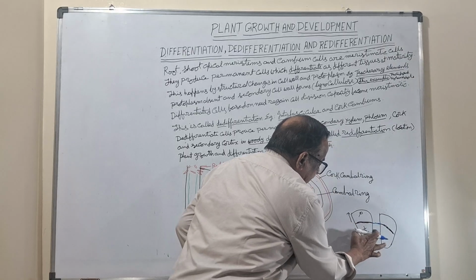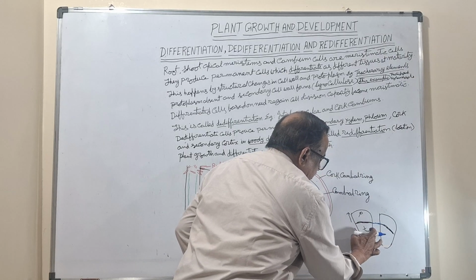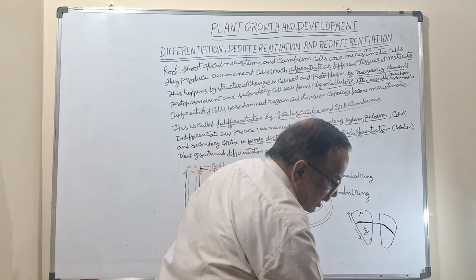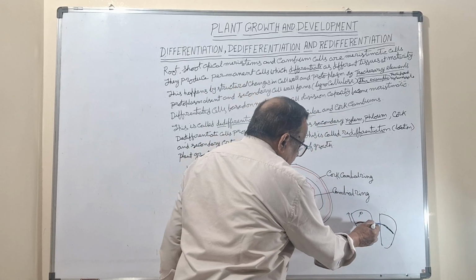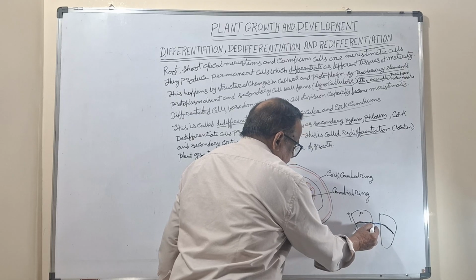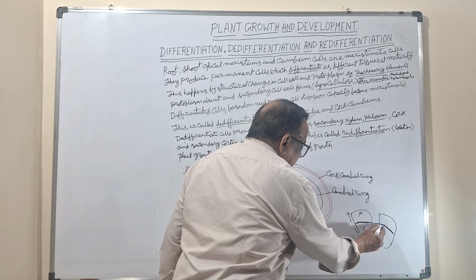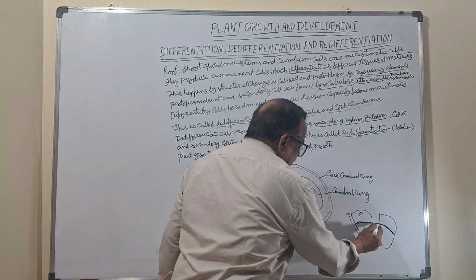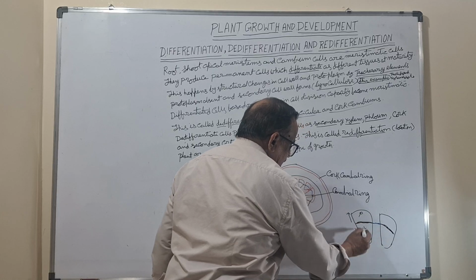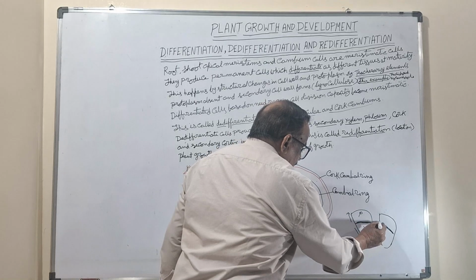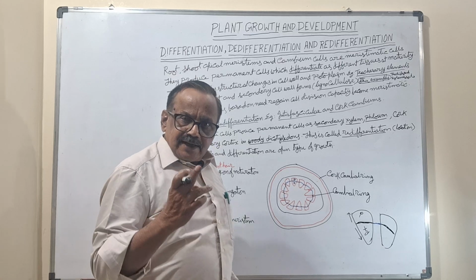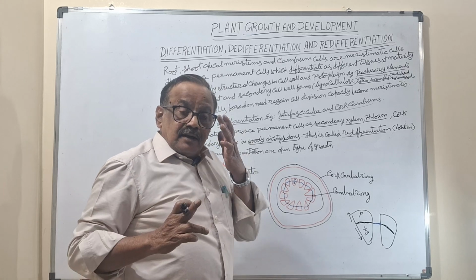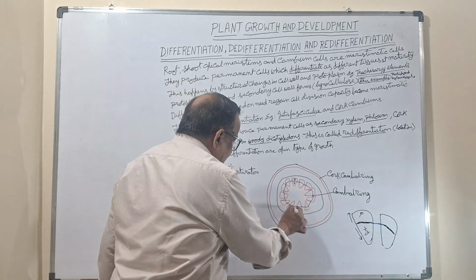What are the cells present in between the two vascular bundles? These are the medullary rays. The parenchyma present in between the two cambiums of the vascular bundles will be converted into meristematic tissue and it will form a ring.